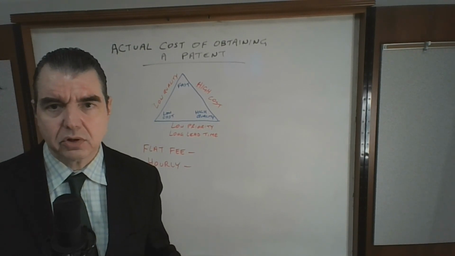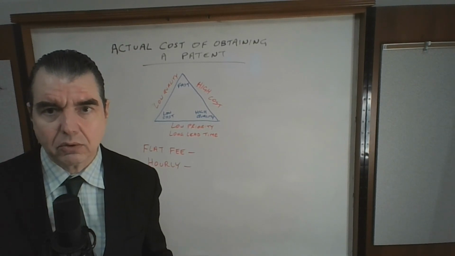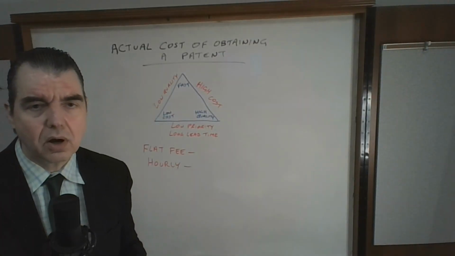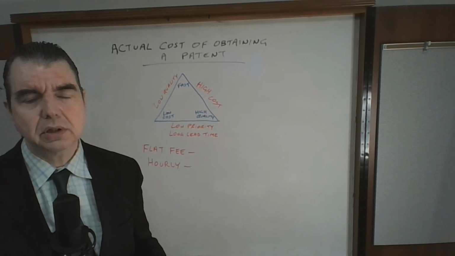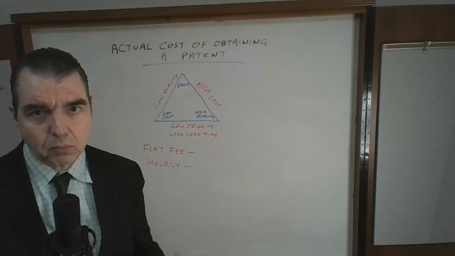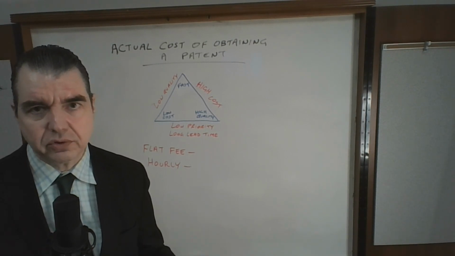And associates are usually paid a salary, but they're required to produce a certain number of hours in the firm. You may talk to a partner initially about your patent case, but more likely than not, the application is going to be assigned to an associate in the firm.